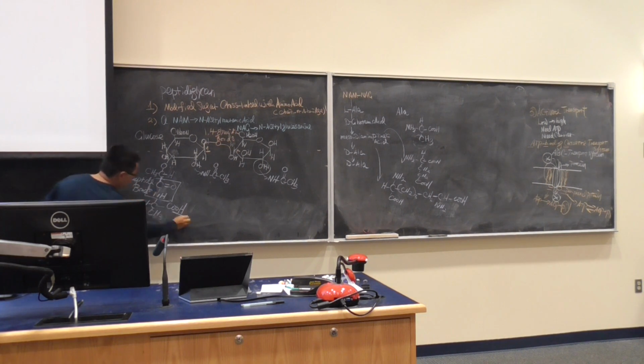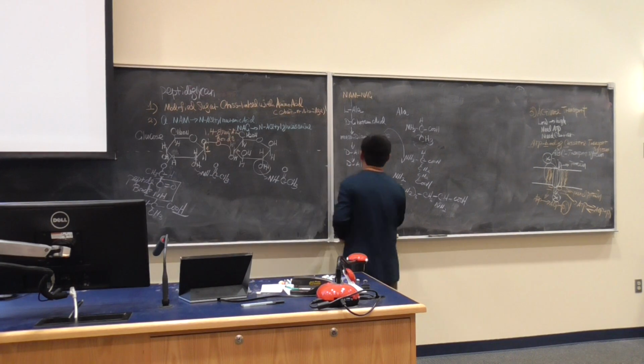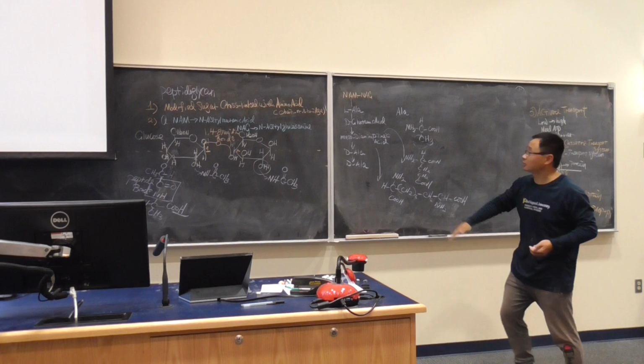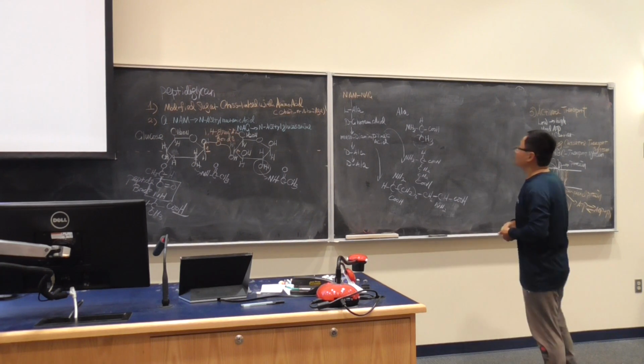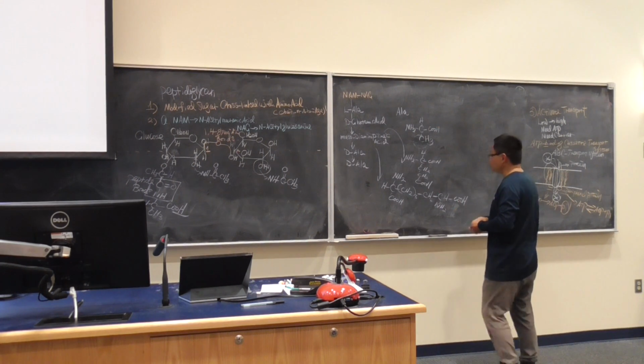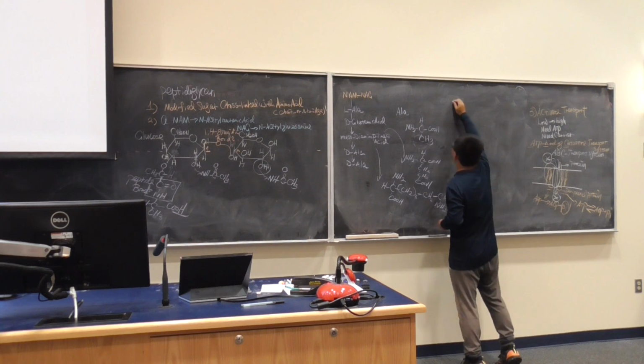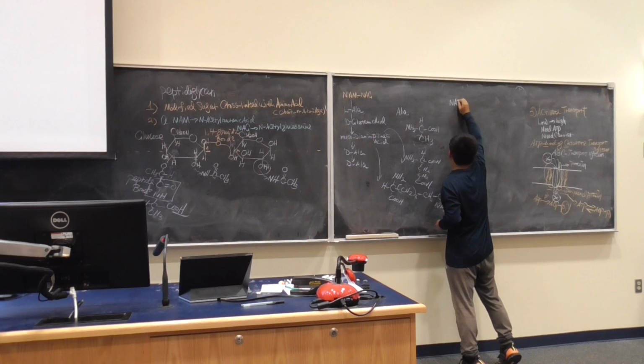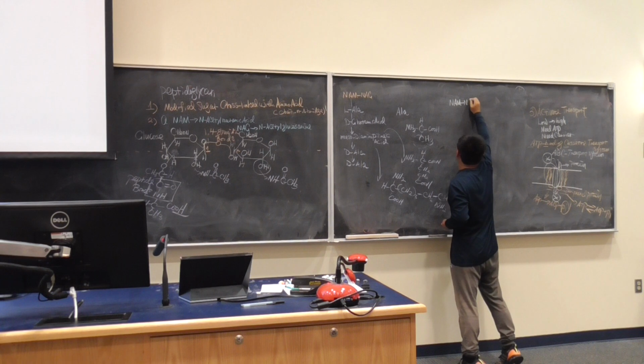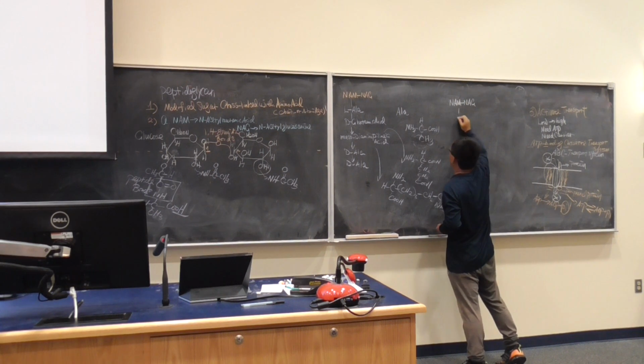And this guy is going to release water, and then you add more and add more, like that. Add all these in. Okay? So that becomes a cross link. Now, this is the one chain. If you have multiple chains, what are you going to have? It's very similar, looks like NAM, NAG. Then you go L-alanine.